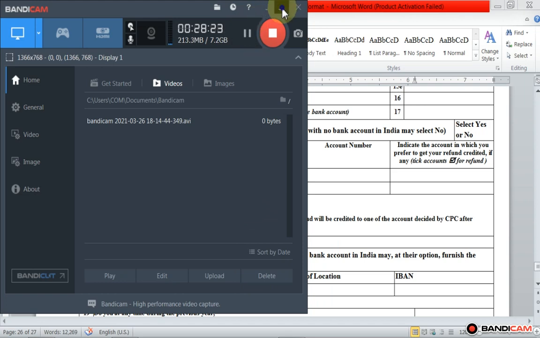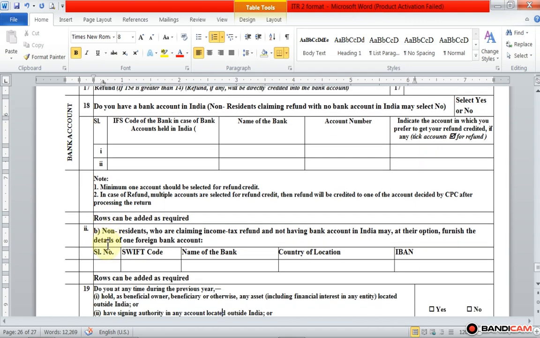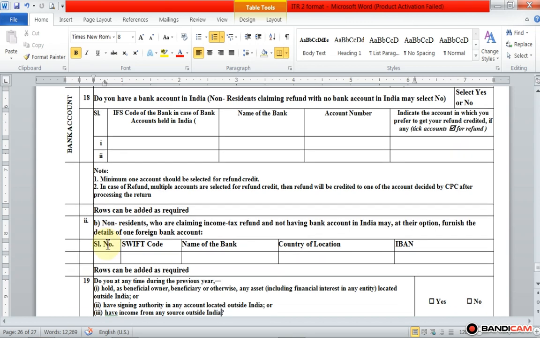Then after filling the bank details, now we go to the next column, that is rows can be added if required. For non-residents who claim income tax refund and do not have a bank account in India, they may at their option furnish the details of one foreign bank account.